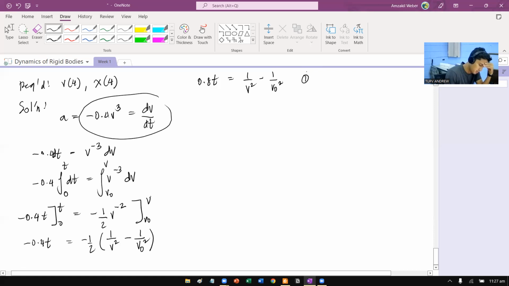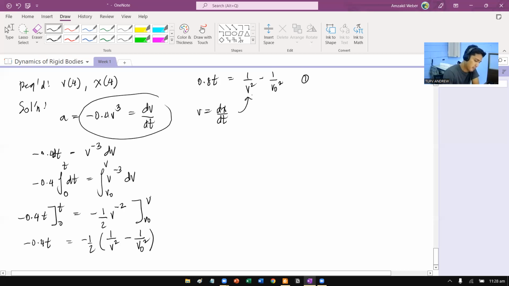Second equation is v equals dx/dt. Let's see if we can utilize this. We can plug it in, but I think that would complicate this.